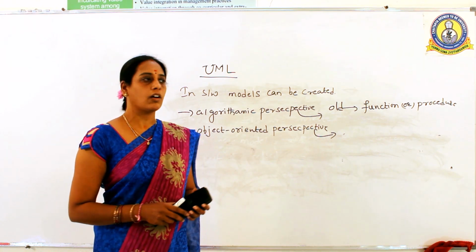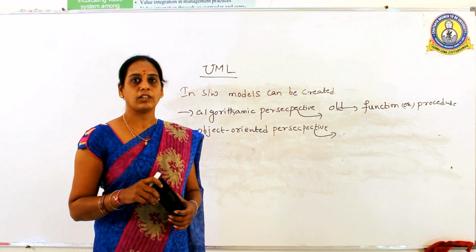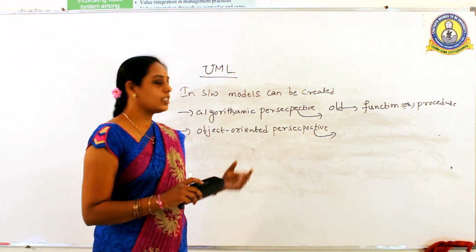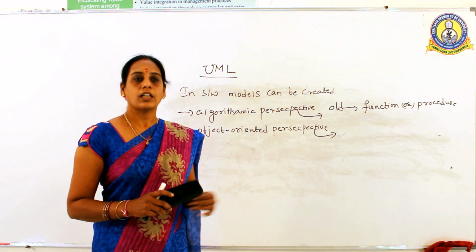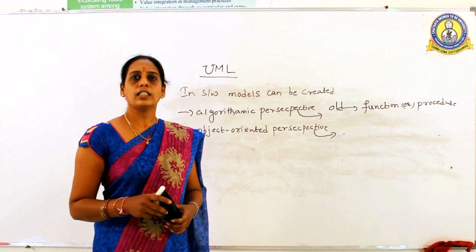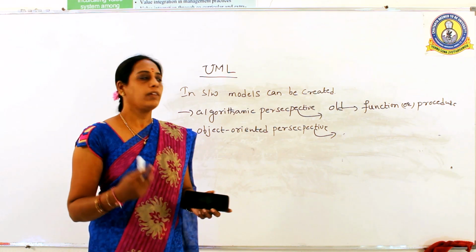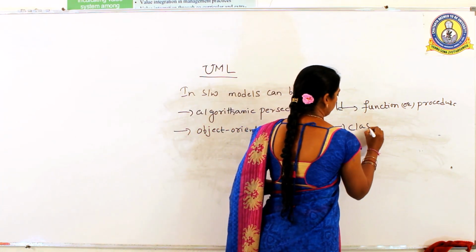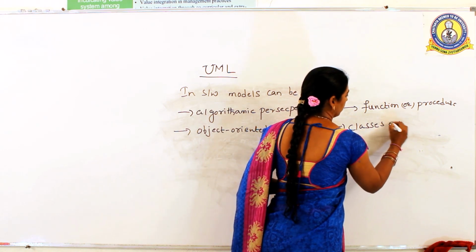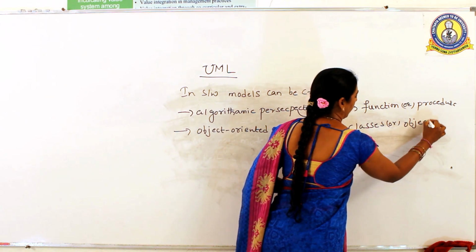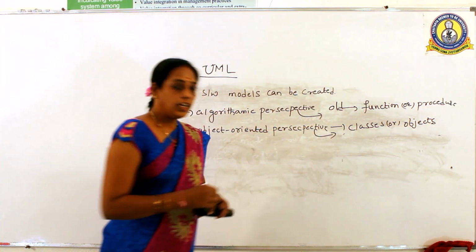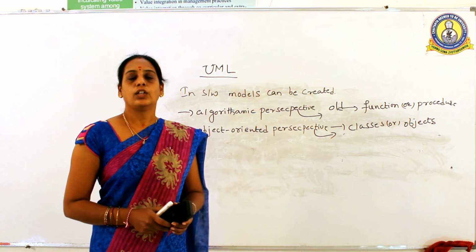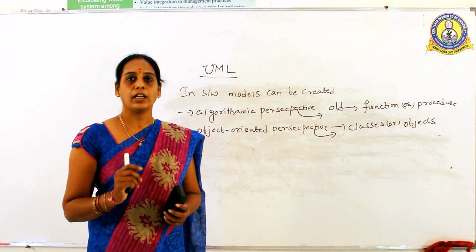But most modern contemporary programming languages are nowadays object-oriented. So, second approach is object-oriented way. In this object-oriented approach, we will concentrate on classes or objects. If you see the system in object-oriented way, you will end up with the classes and objects.